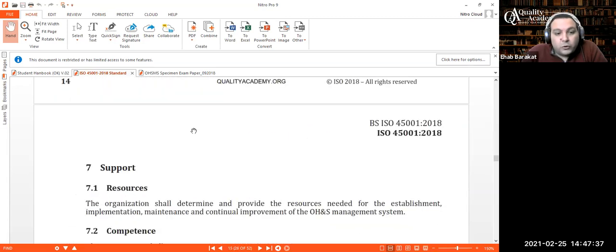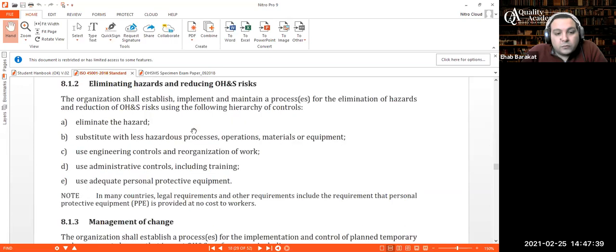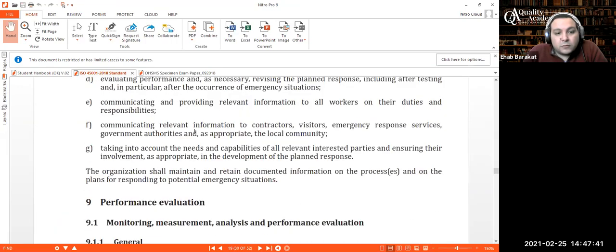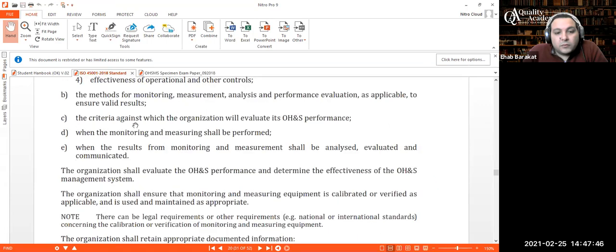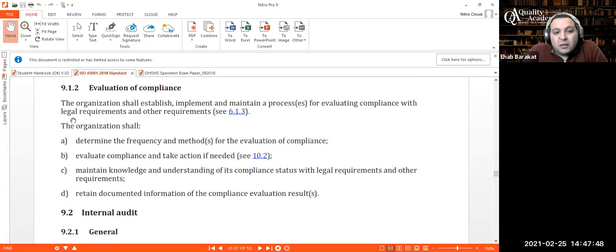Also 9.1.2. Let's talk about legal also. The organization shall determine the frequency. So you will ask about the inspection plan to ensure that the organization is conducting periodic evaluation or not.